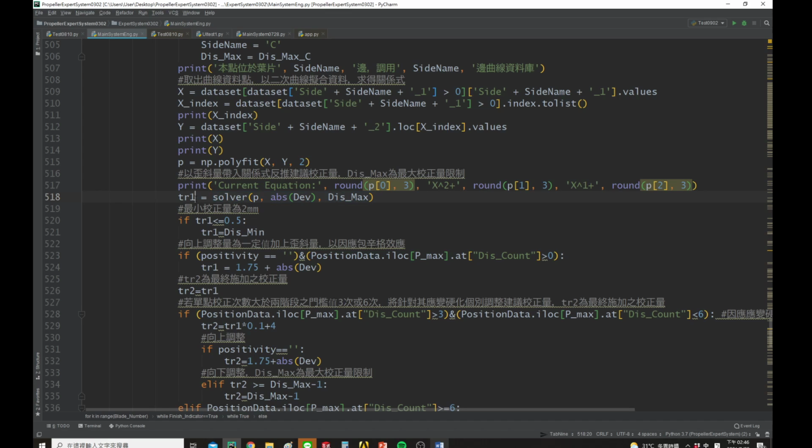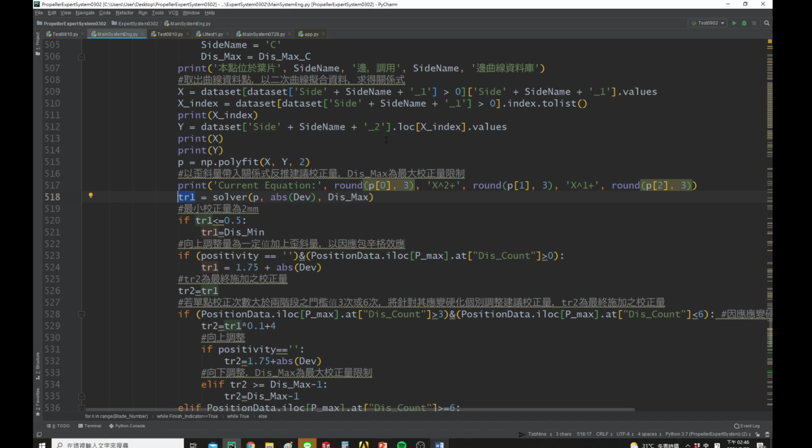As TR1. So TR1 is the ideal value of the displacement, using the curve we came up with.